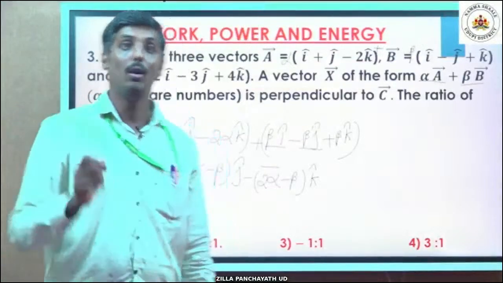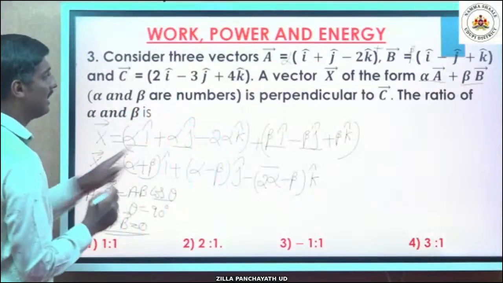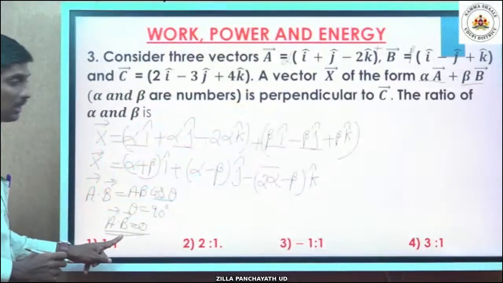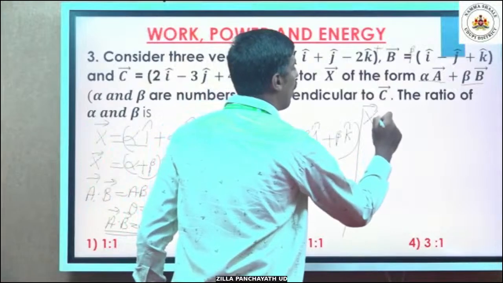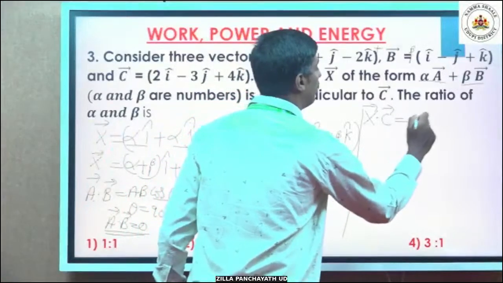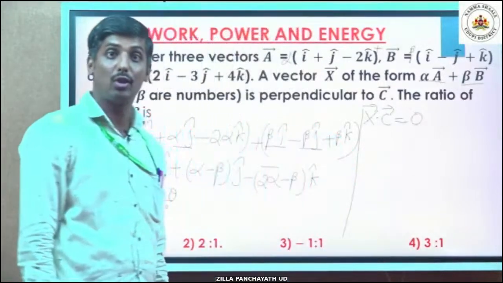So when x is perpendicular to C, what can I write as the same result? Since x and C are perpendicular, x dot C is equal to 0. Am I right? x dot C is equal to 0.